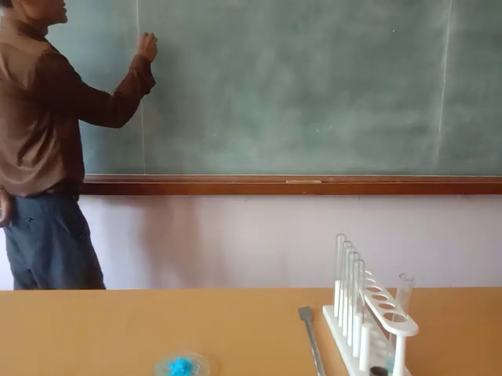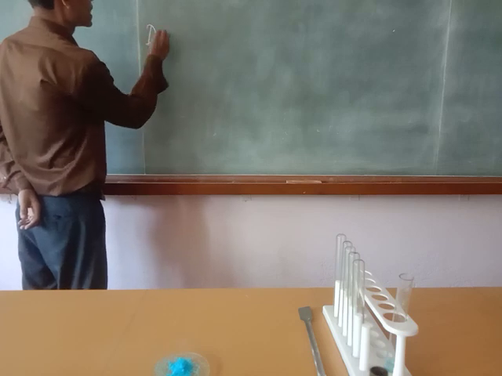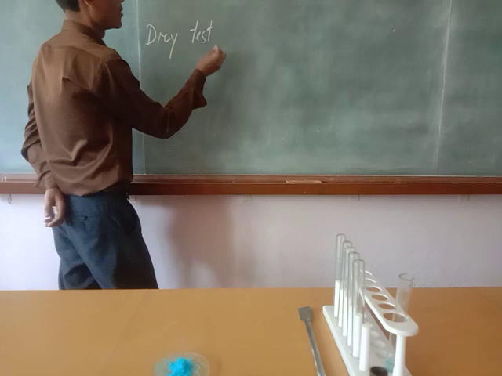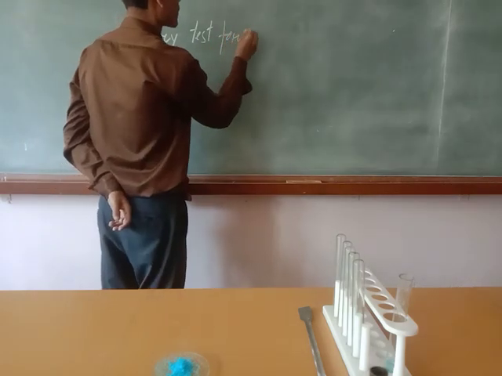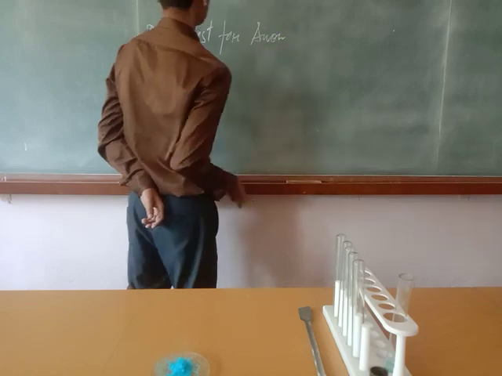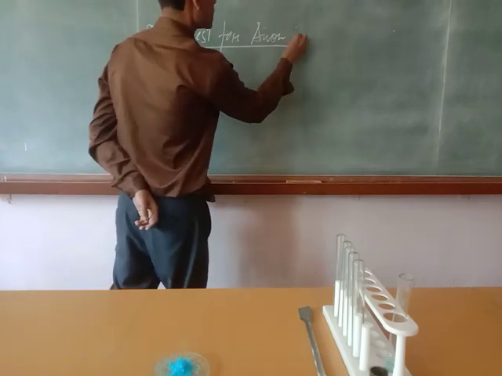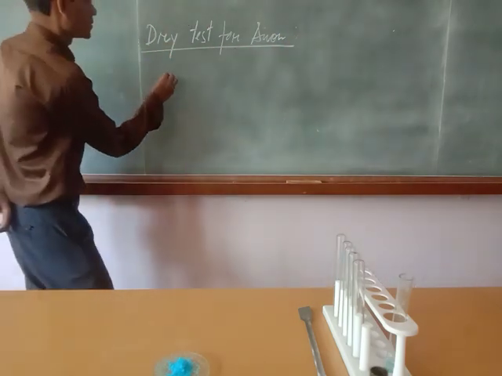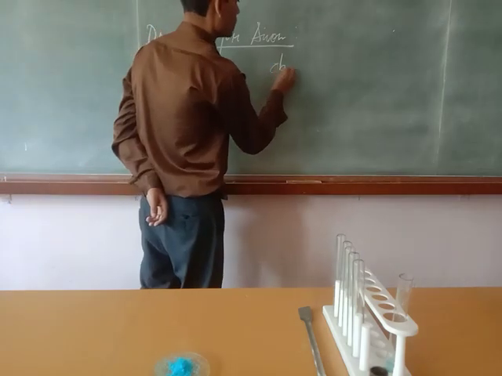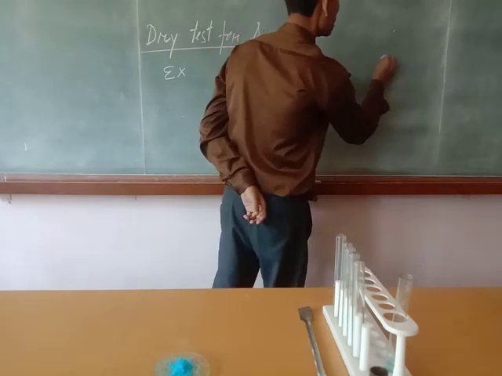Now you give a heading, dry test for anion. So this is the heading. Then you draw a table: experiment, observation and inference.